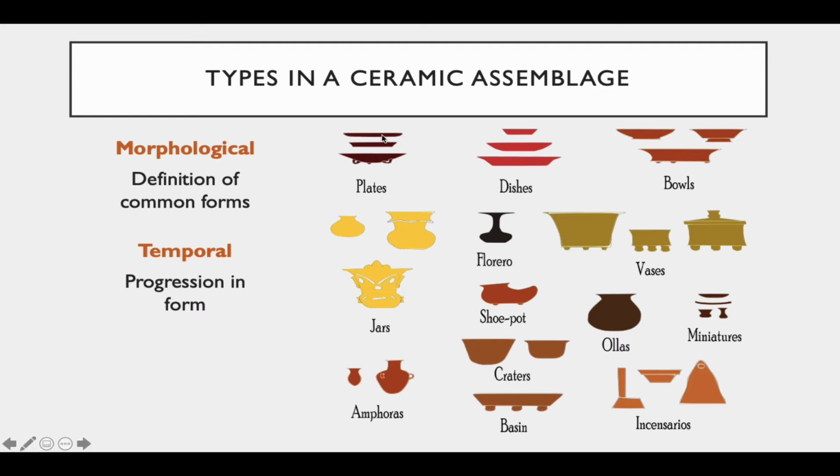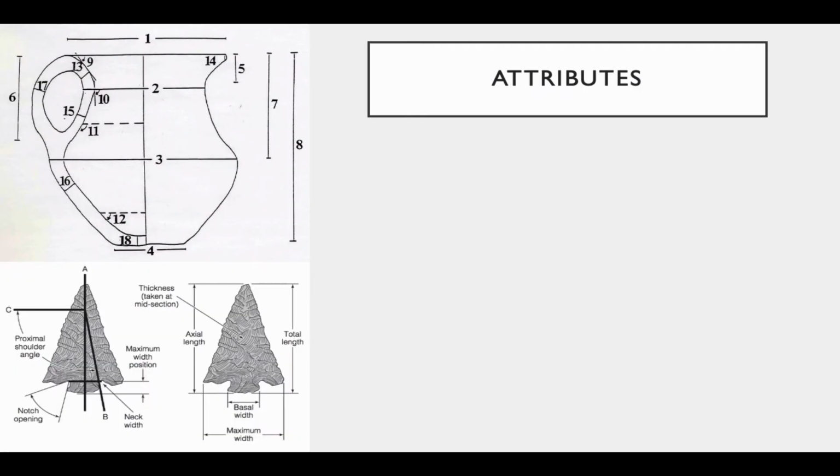So maybe this is the earliest plate type, a middle range plate type, and then the latest or most recent form of plates, if we were to start recognizing that within the stratigraphy of the site. Then lastly, we have those functional categories, and that would be maybe separating the assemblage into cooking versus serving vessels. So the jars or other large bowls would be for cooking versus plates and dishes for the actual serving of food.